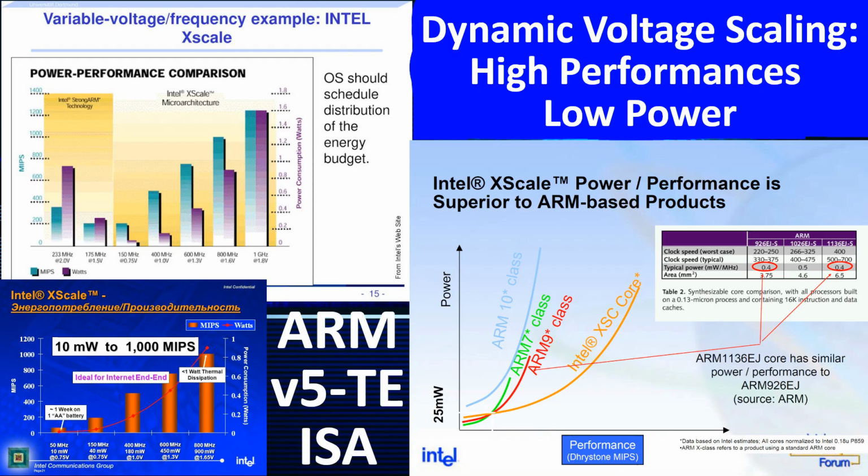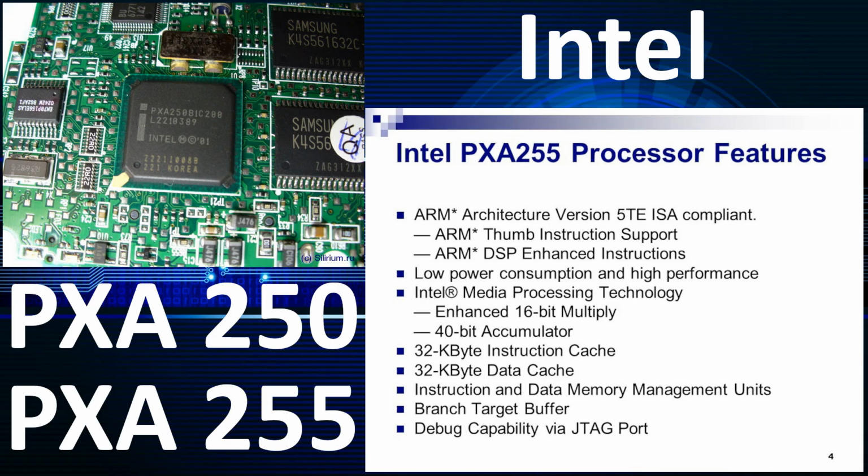Xscale had dynamic voltage scaling, with frequency related to power, very useful on battery-powered devices because it could slow down the PDA, saving battery life when it was low, and push it to high performance when the battery was full. Intel PXA250, Cotulla, 2002.